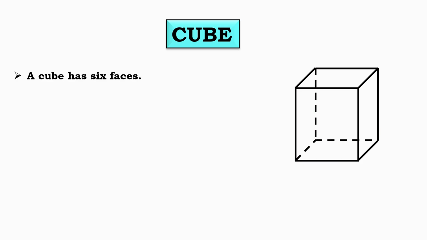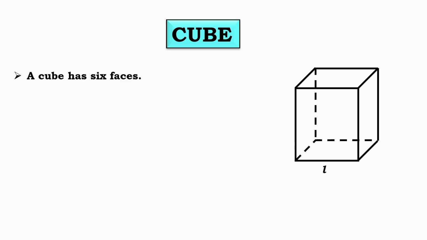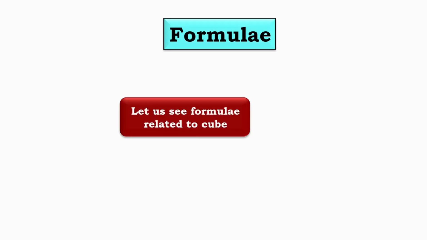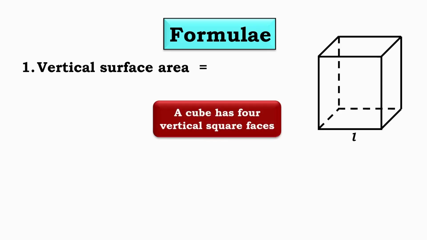Now all the sides of a cube are equal. So let L be the length of each side. If we consider that each side length is L, then we can find the different things that we learned in the cuboid, that is the vertical surface area and total surface area. Similarly, if we need to find the vertical surface area for a cube, how are we going to find it?